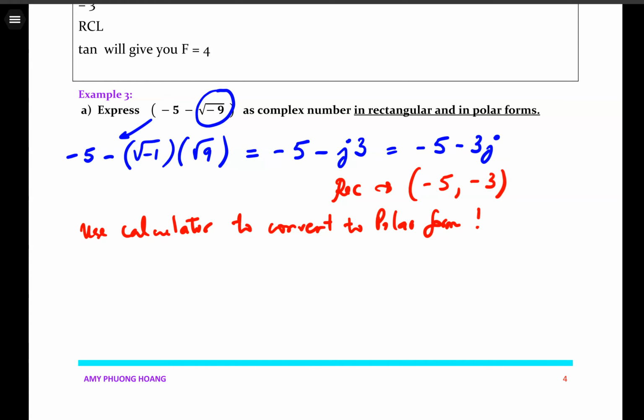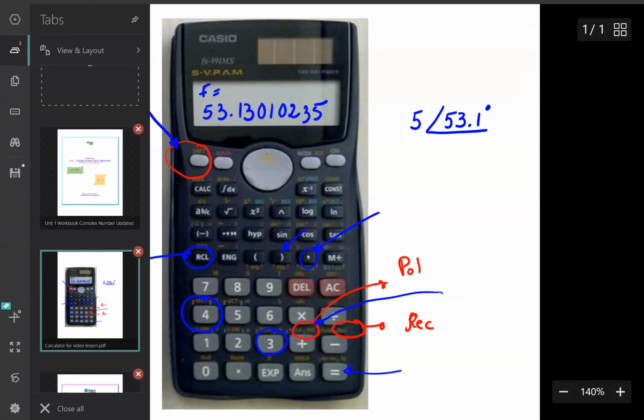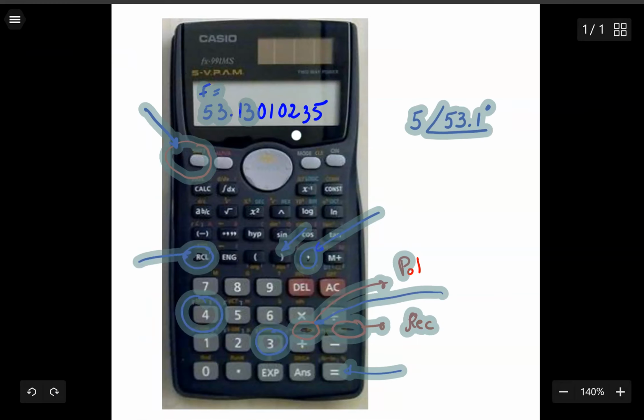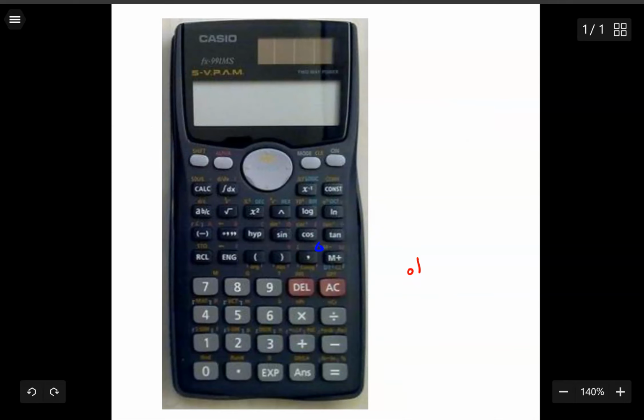Let's go to our calculator, and I would like to quickly show everyone how to do this. First of all, engineering notation off, and you should have degree. Press shift, then pole, and you will have a pole on your calculator.